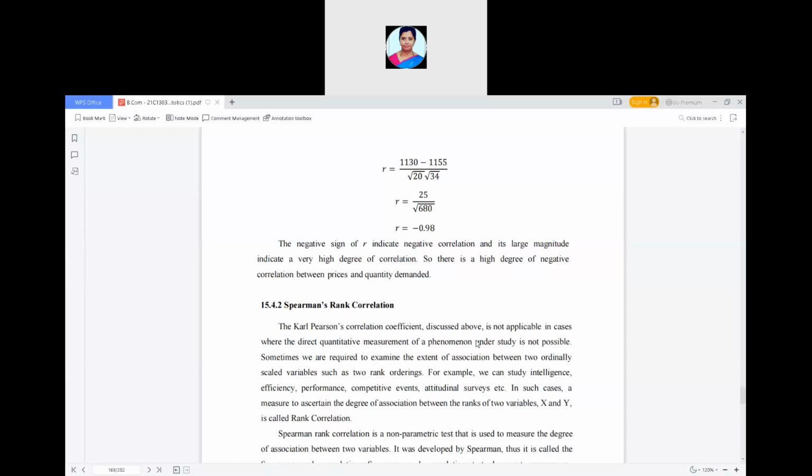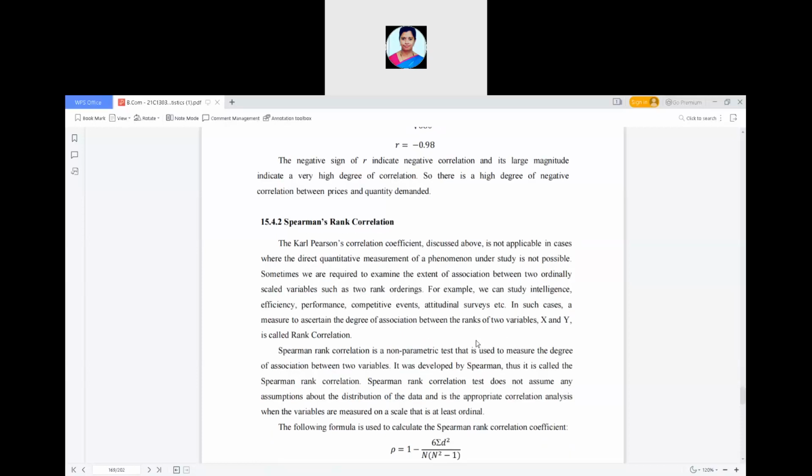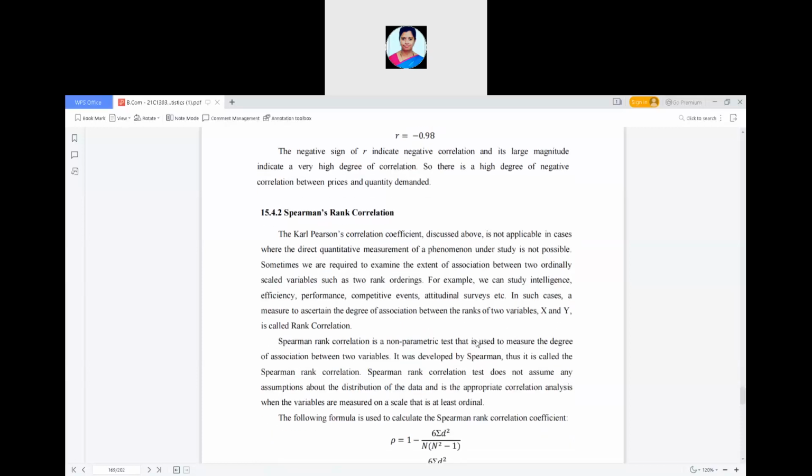So next we can see Spearman's rank correlation. Pearson's correlation coefficient we have already seen just now. We cannot apply it in all cases, where direct quantitative measurement of a phenomenon in the study is not possible.